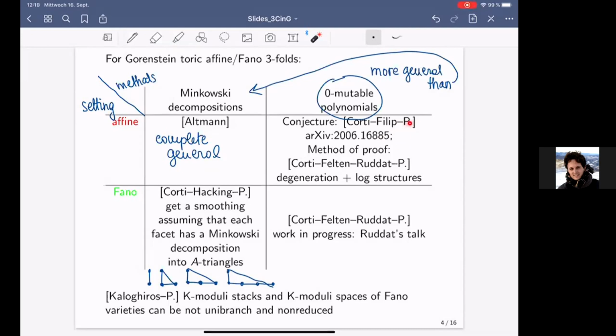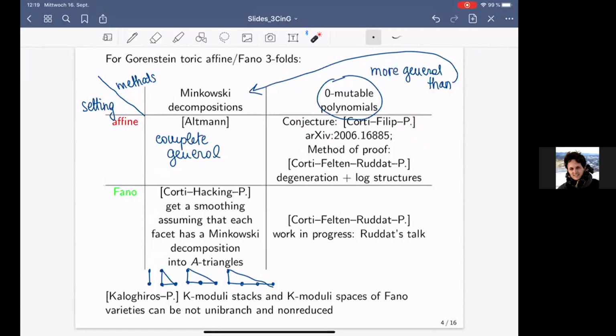And this is what I want to talk about. And so then basically we conjecture that the smoothing components here are not related to Minkowski decompositions, but they're related to certain polynomials supported on that facet. So I will try to explain that a bit.